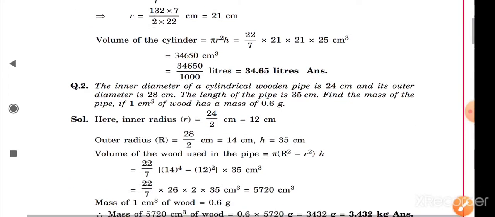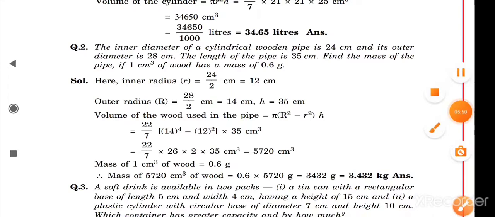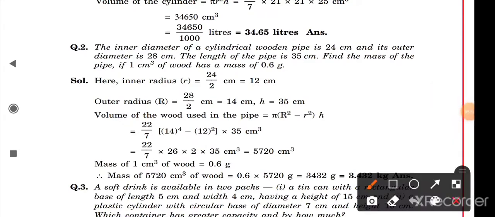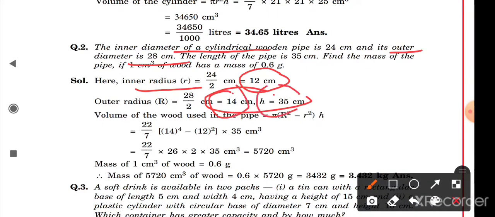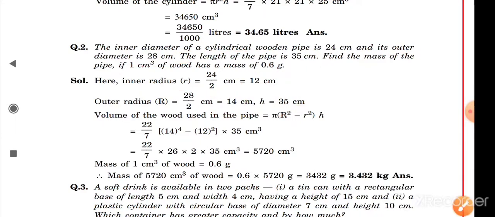Now moving to the next question, question number 2. In question number 2, you can see the inner diameter of a cylindrical wooden pipe, from which we will find the inner radius, and the outer diameter, from which we will find the outer radius, and the height of the cylinder is given. We have to find how much wood will be required.